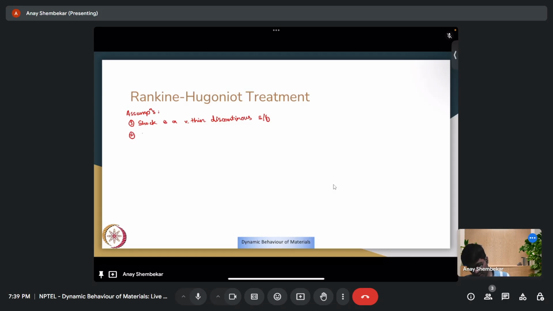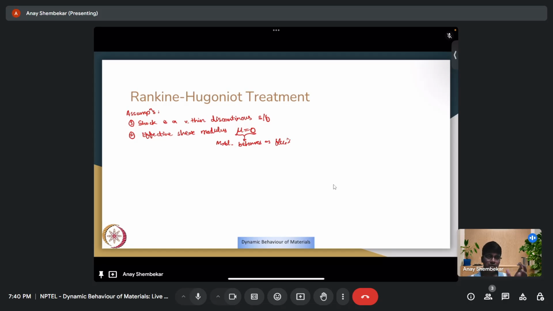There is an effective shear modulus, mu, of zero, which basically means that our material behaves as a fluid. Because the normal stress is so high, there is a state of uniaxial strain generated.